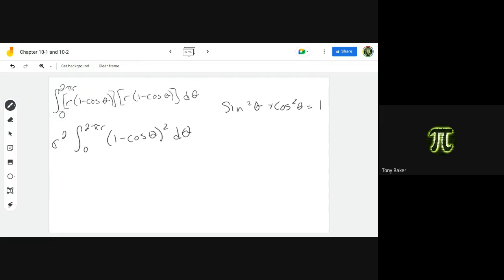Nope, that's fine, except that's not that. You can't just distribute the square. You have to FOIL first. You are actually going to have something that you can work with, but you have to FOIL first. Oh, because I pulled out the r, I can actually get rid of that r. So I pulled out the r squared.